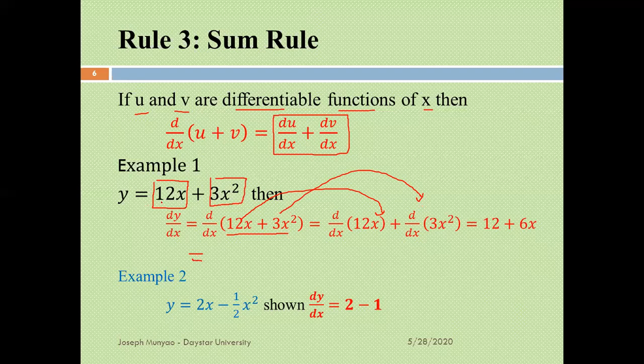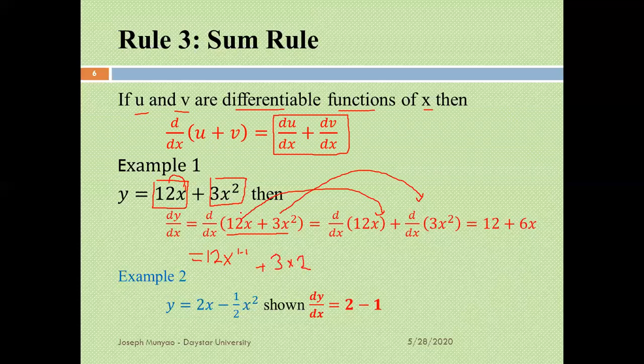The derivative of 12x, it means the power of x here is 1. So that power is what I move in front. So I write 12. So the power of x is 1, so I remain with x raised to 1 minus 1, plus the power of x here, I write 3, then times, I bring 2 in front, I bring this 2 in front there.